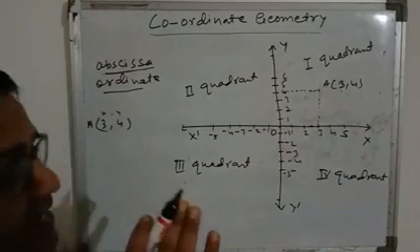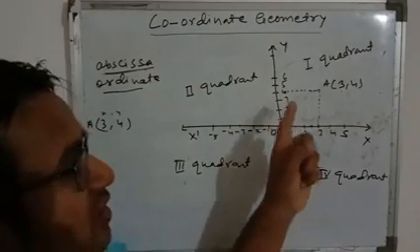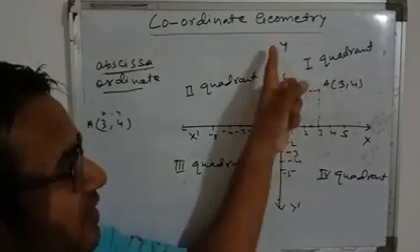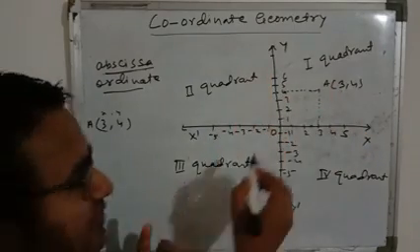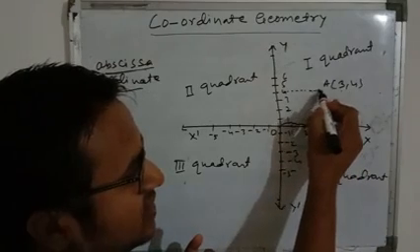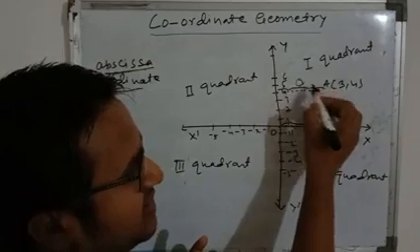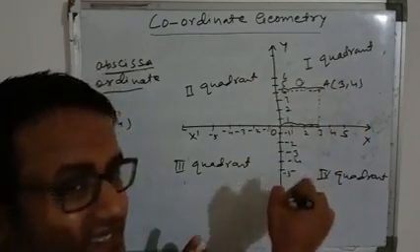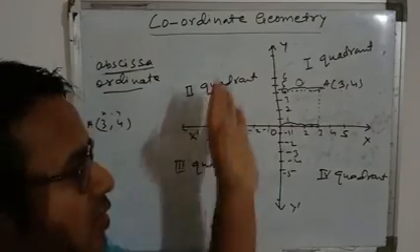This is very important. Abscissa is the distance of the given point from the y-axis. So this 3 is the distance, 3 units is the distance of this point A from the y-axis. It means that abscissa is the distance of the point from the y-axis.